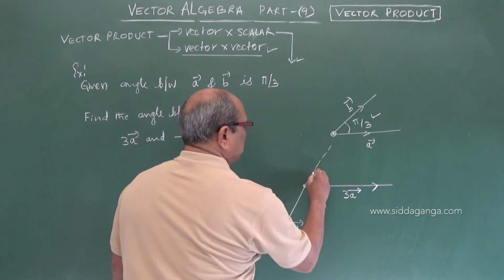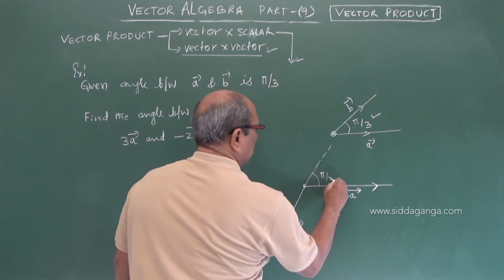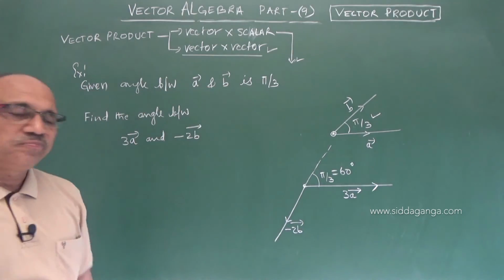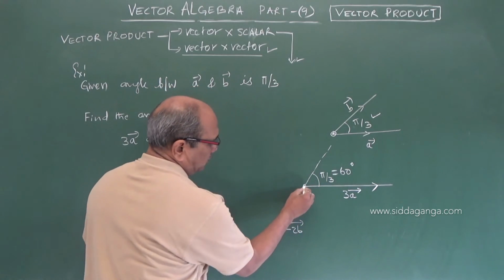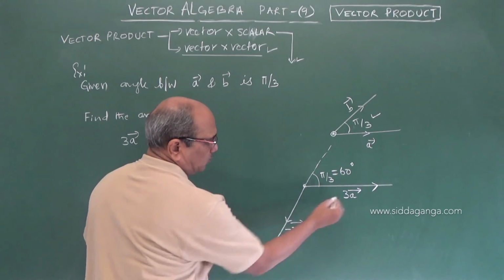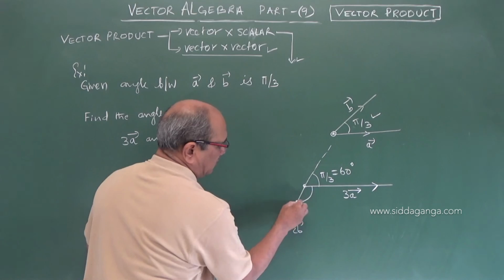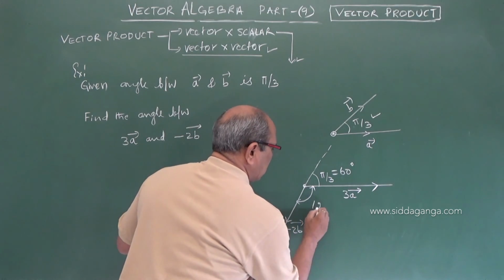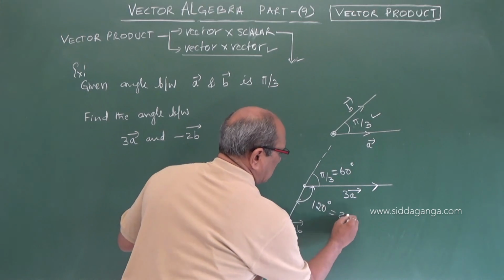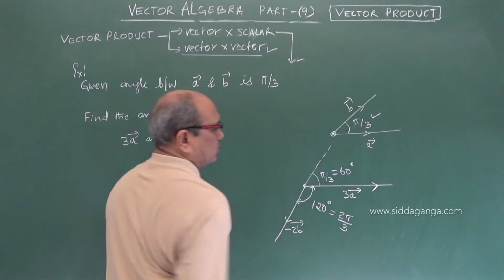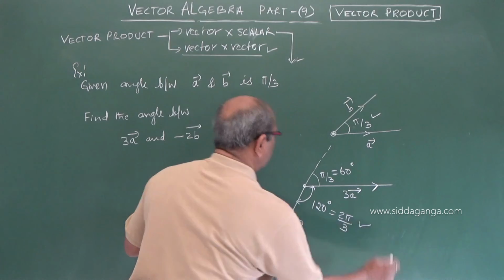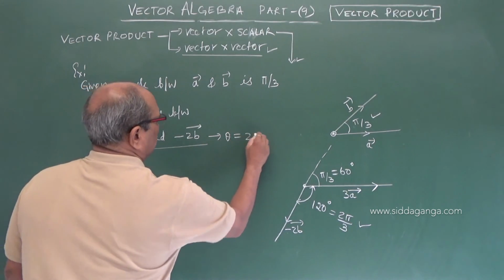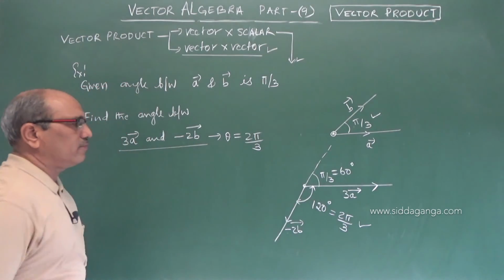But already it is pi by 3, and pi by 3 is 60 degrees. I hope you have now followed. Tail to tail joined, it is minus 2b and 3a. What is the angle between these two? If you deduct 60, this becomes 120 degrees, or I can write it as 2 pi by 3. That is the answer. The angle between these two is theta equal to 2 pi by 3.